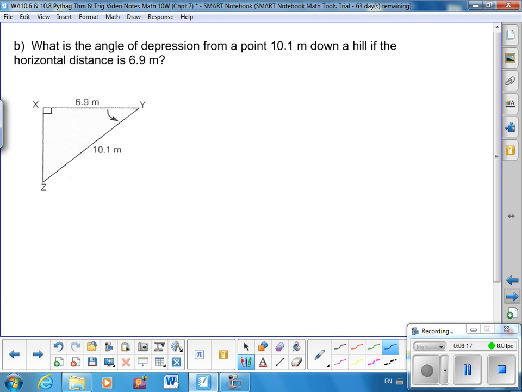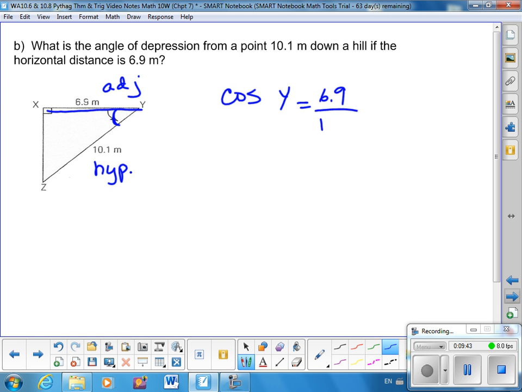What is the angle of depression from a point 10.1 meters downhill if the horizontal distance is 6.9? So I'm looking for angle Y. The side that I know on here is adjacent, and I know hypotenuse. So again, that's a cos question. Cos of Y equals 6.9 over 10.1.